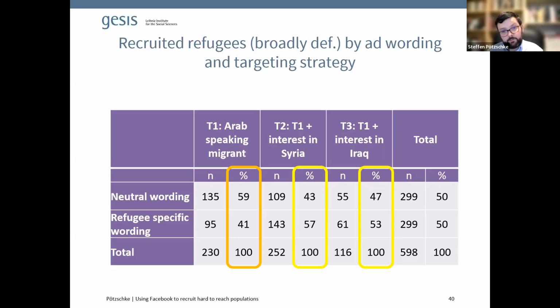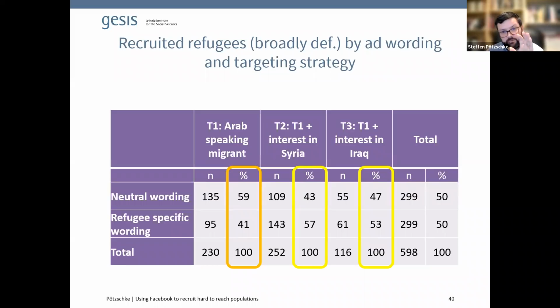But when we combine these general aspects with the question whether people actually are refugees, then we recruited slightly more respondents using the specific wording.